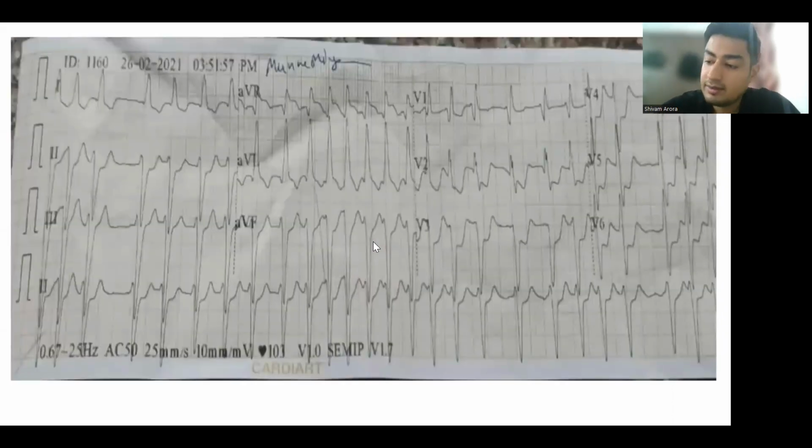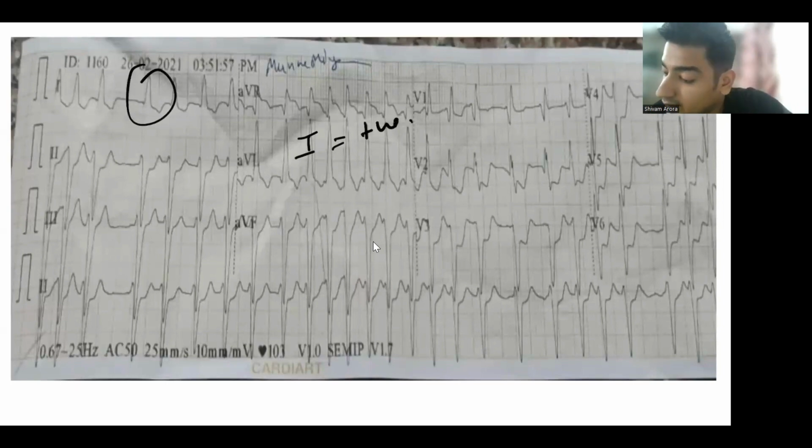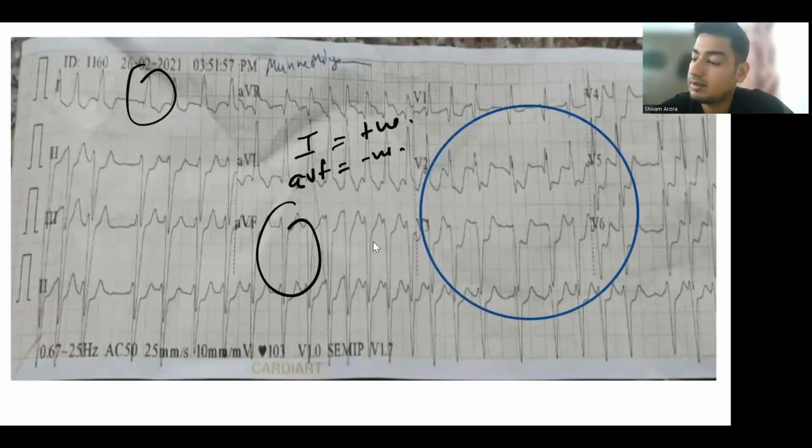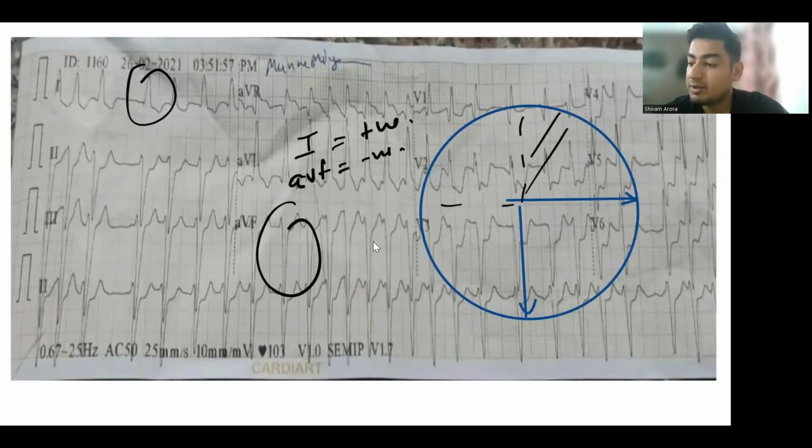Again, let us look at this ECG. Lead 1 is showing a positive QRS. Lead AVF is showing a negative QRS. Since lead 1 is showing a positive QRS, axis would be in this hemisphere.